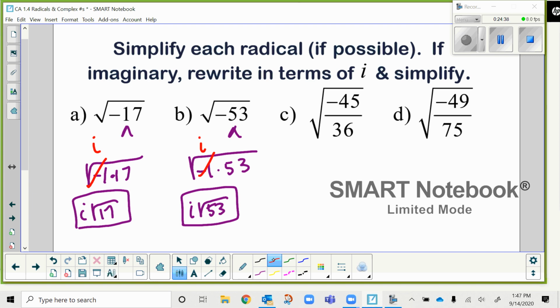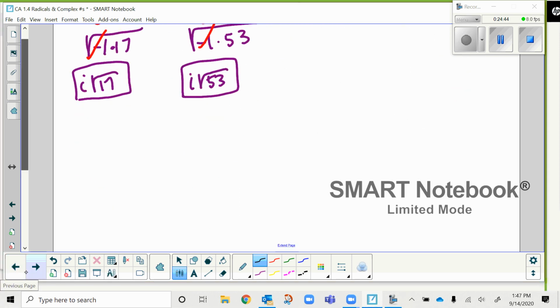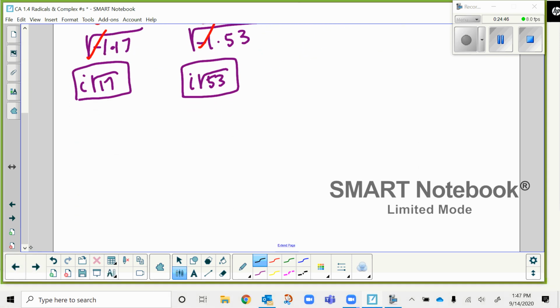So let me scroll down so I can get this watermark out of my way. Let me rewrite this down here. It's the square root of negative 45 over 36. So when you have a radical with a fraction, simplify your fraction first.